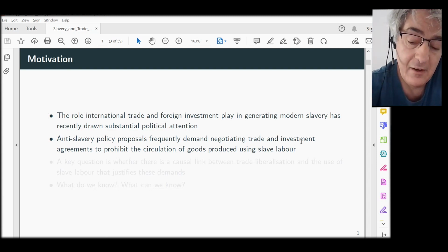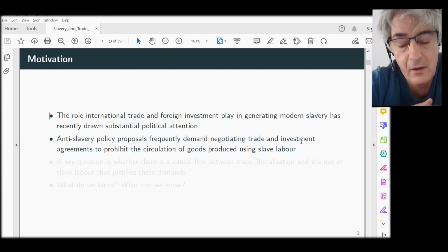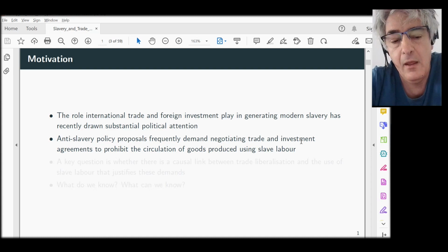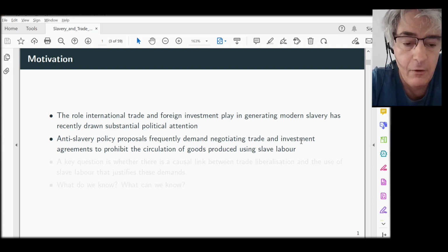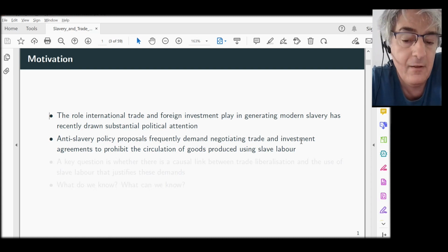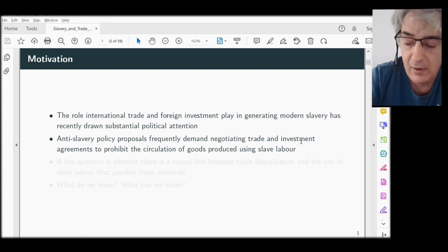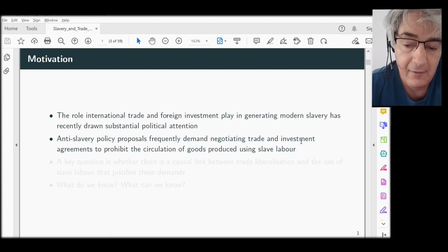And this is not only generating arguments against globalization per se, but it's also requesting a more constructive way of reaction: trying to impose anti-slavery policy proposals in any negotiation of trade or investment in order to prohibit the circulation of goods produced using slave labor. So reducing the incentives and trying to monitor, reduce and enforce practices against using forced labor.